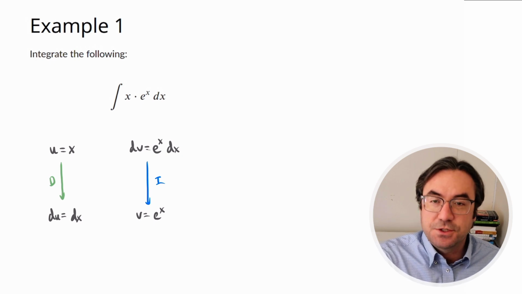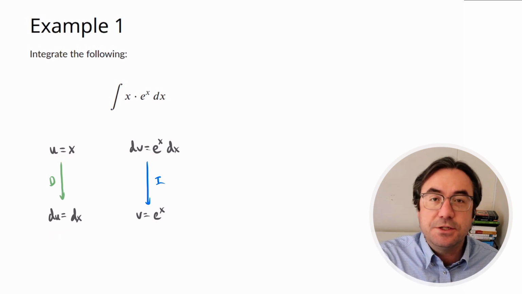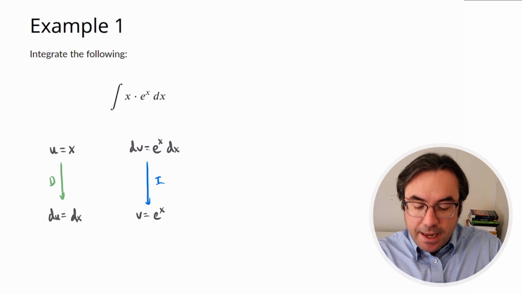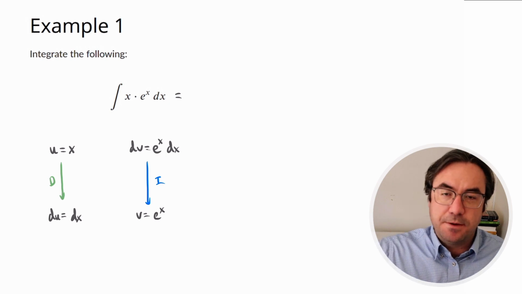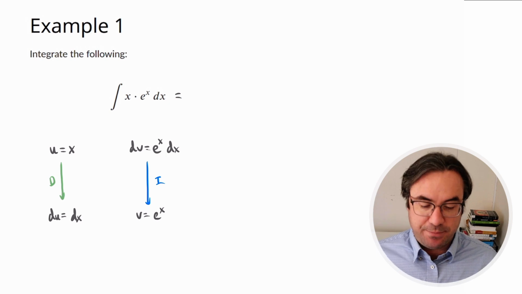Okay, so once we get these four ingredients, we're ready to apply our integration by parts formula. And a way to remember the formula is kind of with a backwards Z shape.